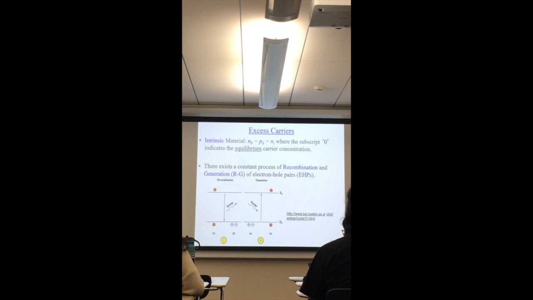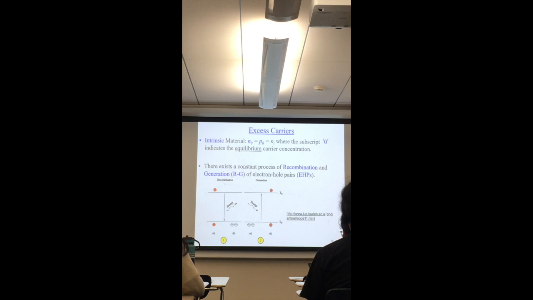For generation, it means that some electrons in the valence band absorb certain energy, so they can jump to the conduction band. This can create electron-hole pairs, or EHP. And we also have the reverse process.